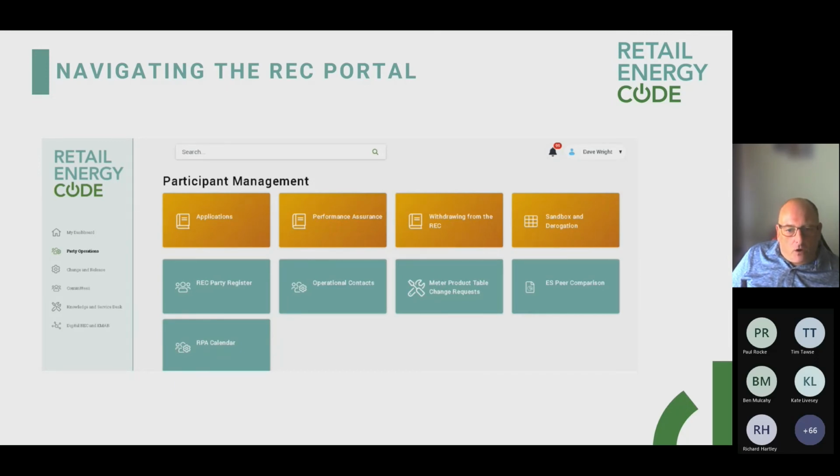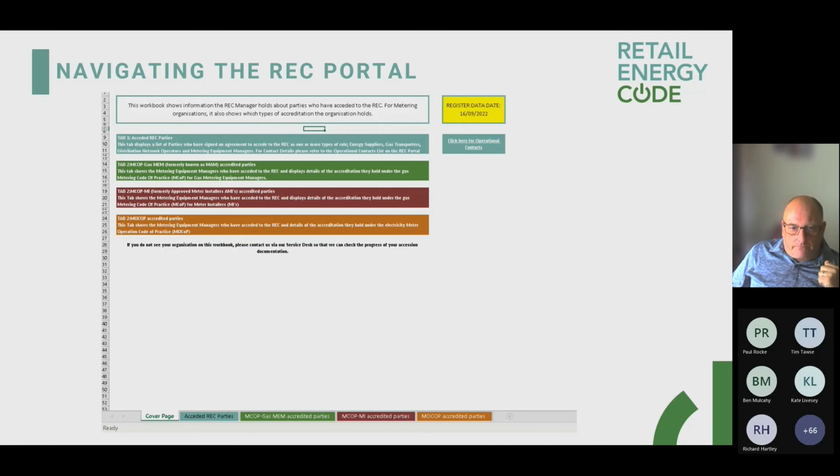If you click on the left hand button under applications, the next one down, party register, and go on to the next one, Amelia, it will bring up an Excel spreadsheet, and at the bottom you can see the different tabs.